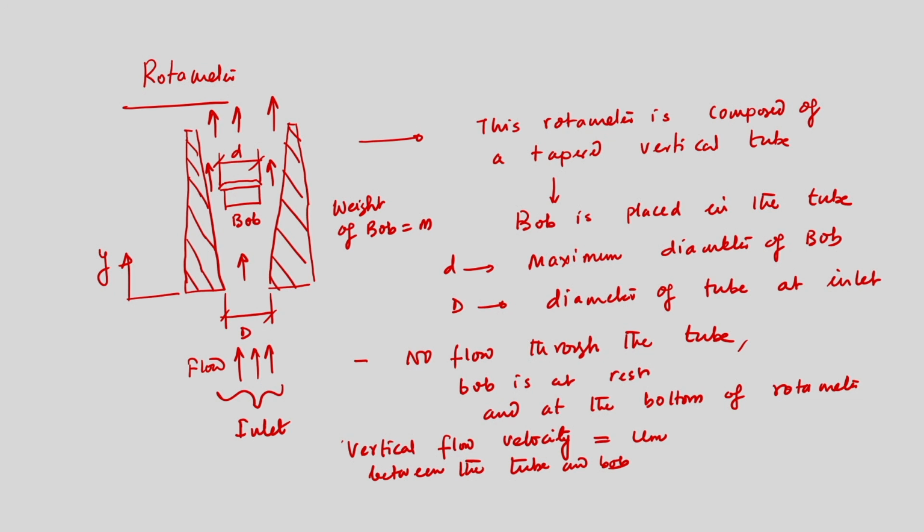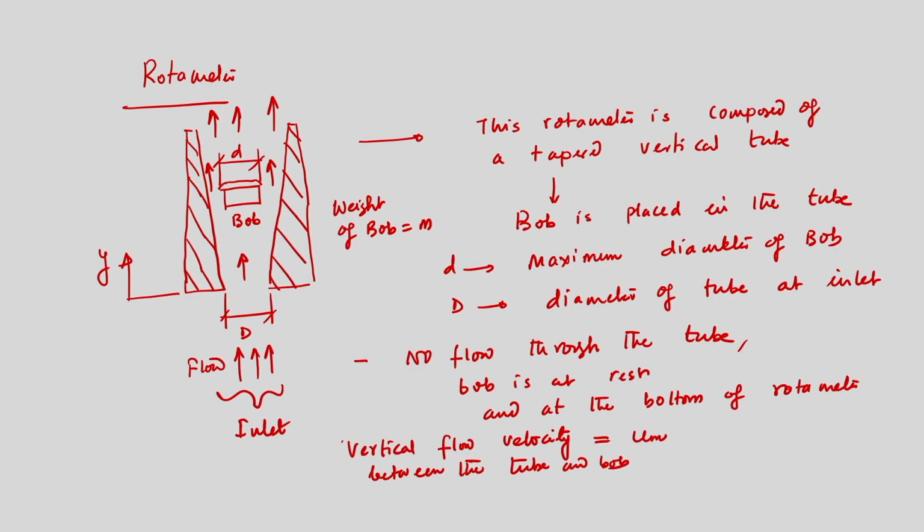And if we consider the vertical flow velocity between the tube and the bob is um, now a vertical flow which is provided at the bottom will try to push the bob until the mean vertical flow between the tube and bob is equal to um, such that the vertical drag.